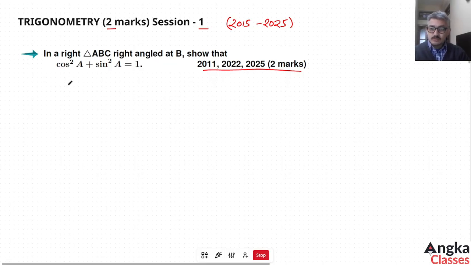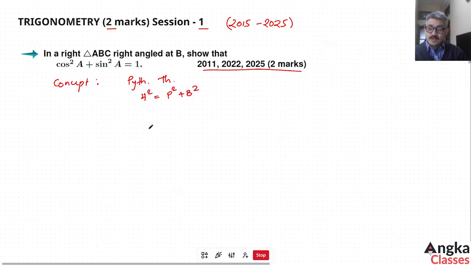The concept we need here is the Pythagoras theorem. What does the Pythagoras theorem say? In a right angle triangle, hypotenuse square is equal to perpendicular square plus base square.